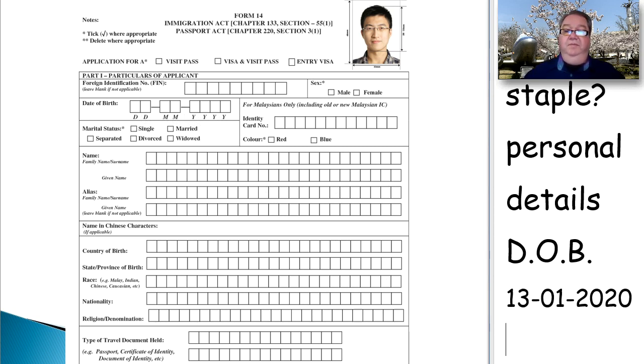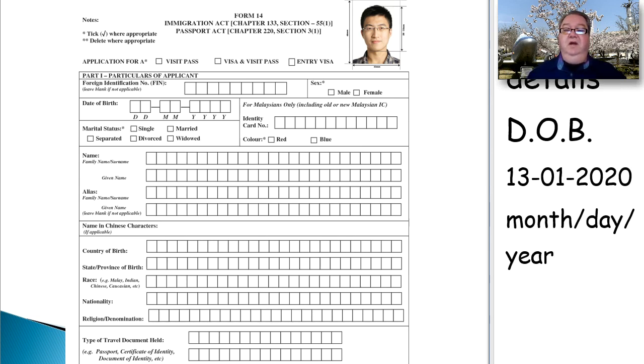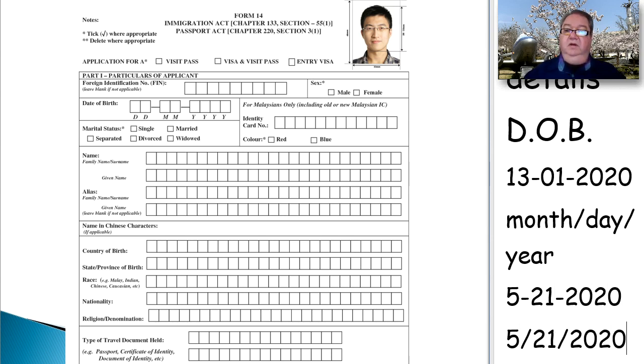They may do, for example, in the US, the most common way is to do month, day, year. Okay, so if I was writing today's date, I would write 5/21/2020.